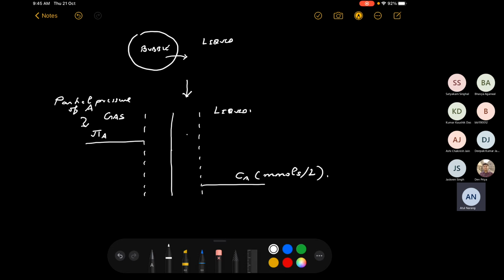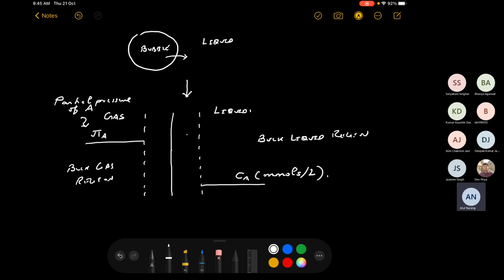Okay. And why have I drawn a horizontal line? Because the film theory says that only in the stagnant films is there a gradient. So basically, the assumption is that here, as we have already talked, this is the bulk liquid region, and this is the bulk gas region, which is inside the bubble.